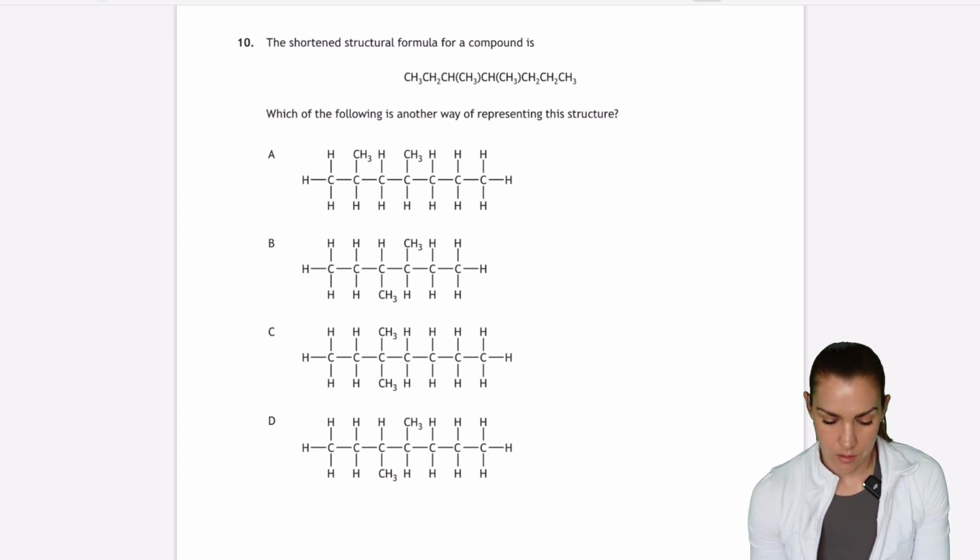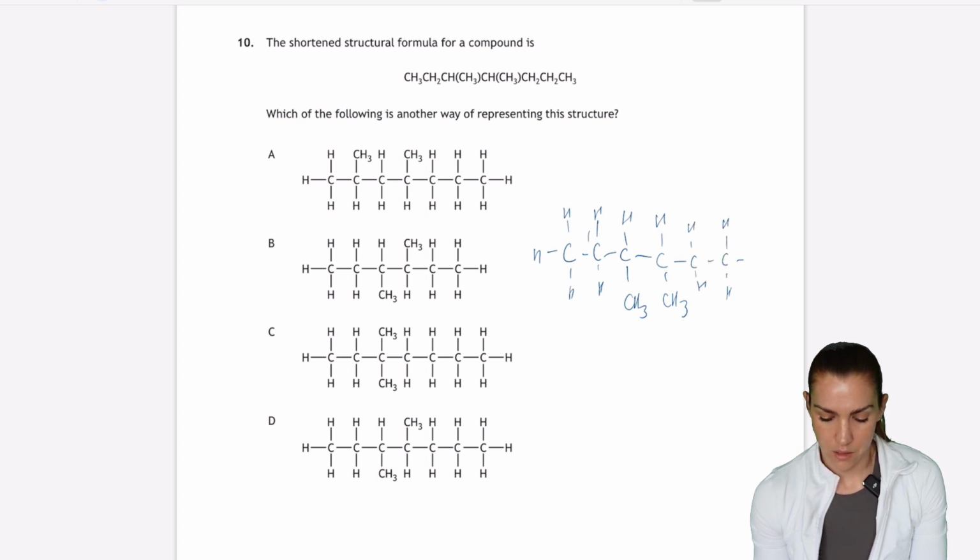So if we change it into a full structural formula, we've got a C with 3 H's, and then a C with 2 H's, and then a C with 1 H and a branch, and then another C with an H and another branch, and then we've got a C with 2 H's, and then another C with 2 H's, and then a C with 3 H's.